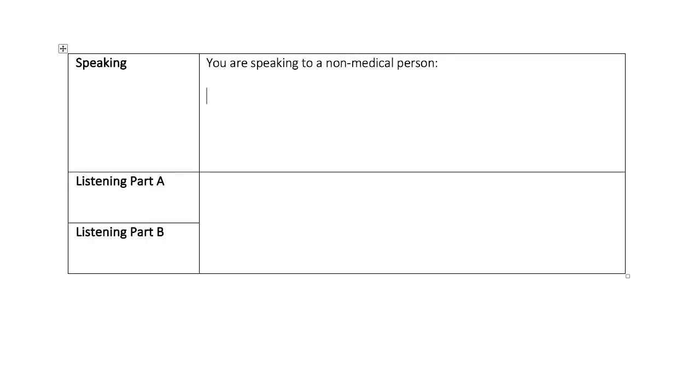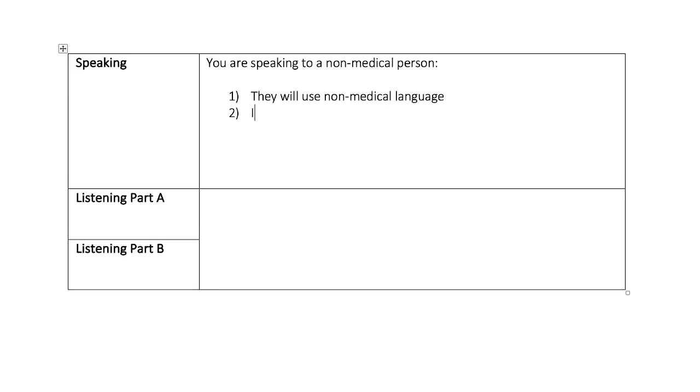Okay, that means a couple of things. One, they will use non-medical language, and it's best to grade your language. Now, you might not know what that phrase means, to grade your language, but basically it means make your language more simple for your audience.